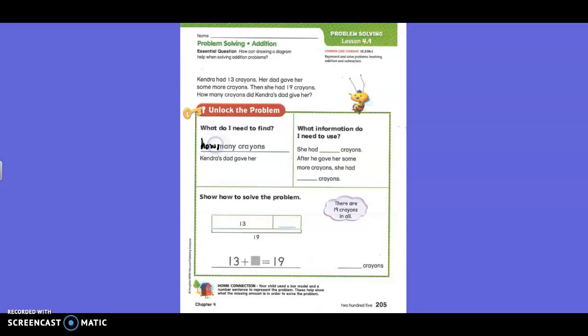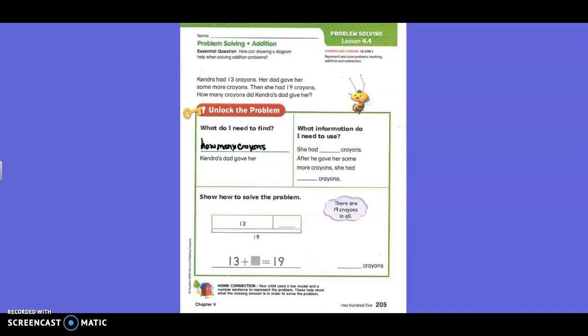How many crayons Kendra's dad gave her. That is what we were trying to find, because it told us how many she had, and it told us how many she had at the end, but it didn't tell us how many Dad gave her. Just that Dad gave her some. So we have to figure out what that sum is.